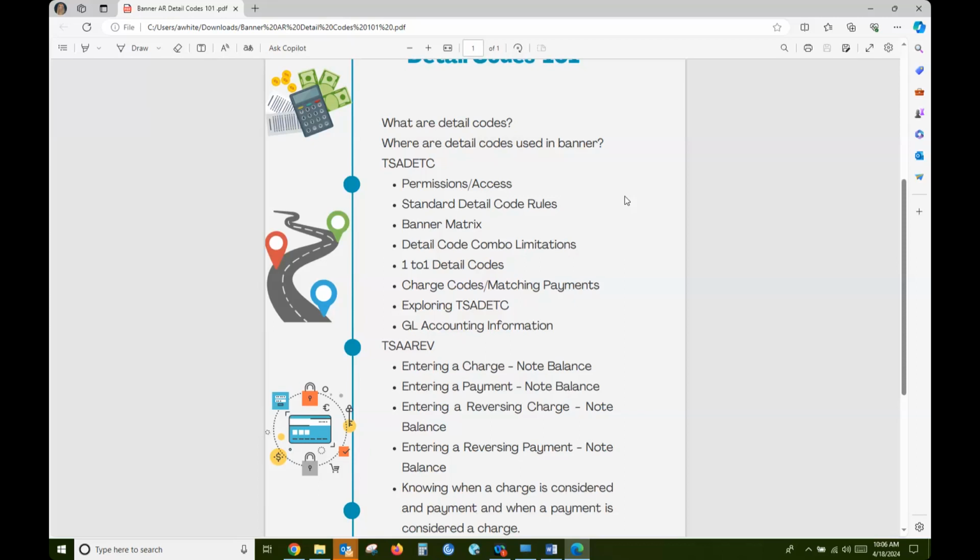So when you enter the information into TSAAREV, it's entered into a table. It's an Oracle table. This is a relational database, which means there are different little tables that house different information, and all of those tables are connected via a relationship.